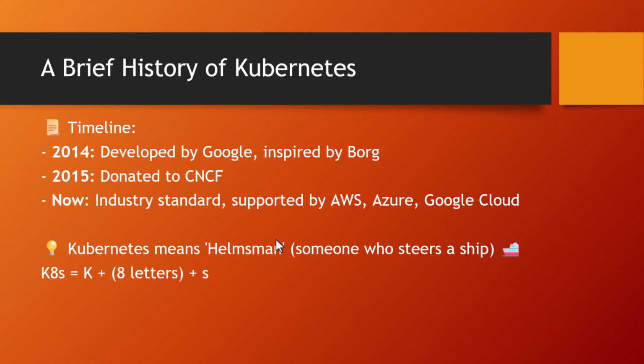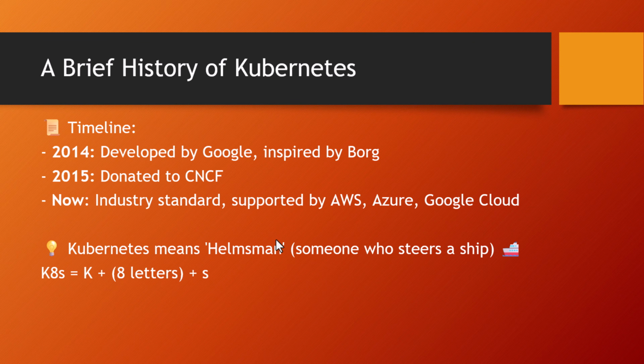Google had been running containers for over a decade before Kubernetes even existed. Why was it created? Back in the early 2000s, Google needed a way to manage thousands of applications efficiently across their data centers. So they built Borg, which allowed them to automate container management. Kubernetes was inspired by Borg but made open source so that everyone could use it.